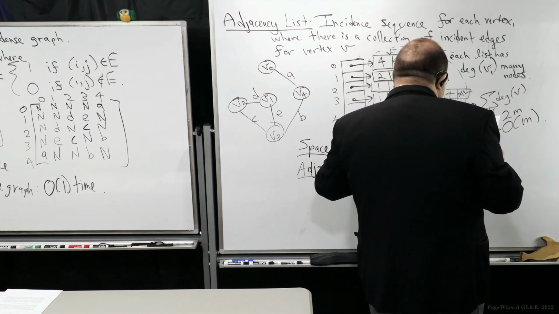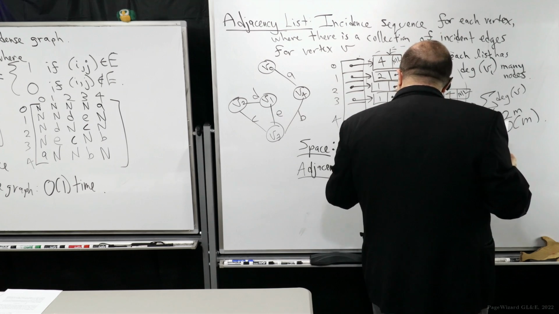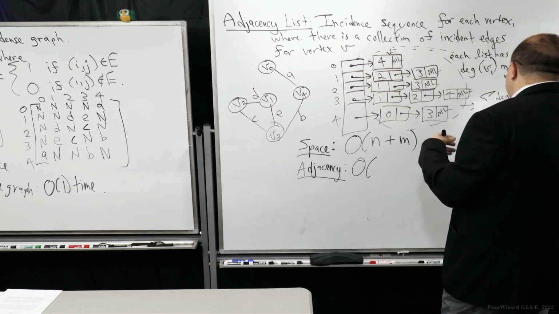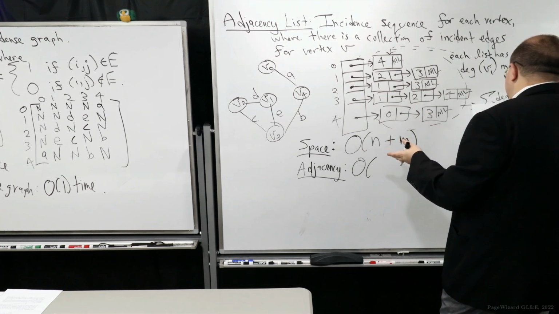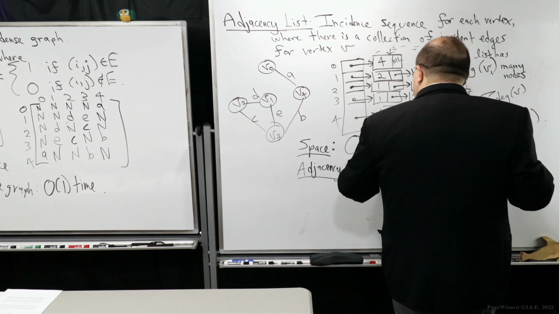So this is going to take big O of either the sum of the degrees, or more simply, you pick one of the two.